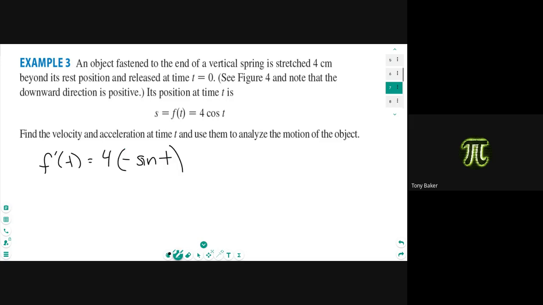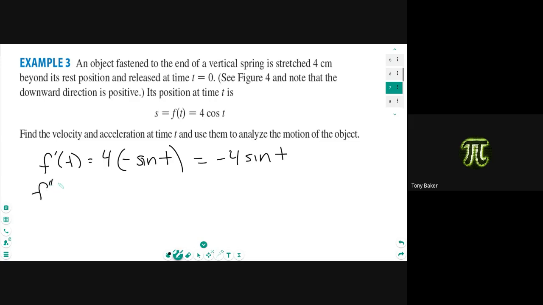It's not 4 minus sine of t. It's 4 times negative sine of t, which is really negative 4 sine of t. Don't forget your parentheses, because then it looks like something different, especially if you're going to use it again. Okay? Because if you had 4 minus it, then the 4 is going to vanish in the next step. And that's what I saw in a few people's papers.